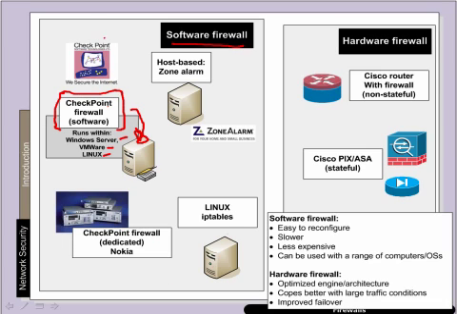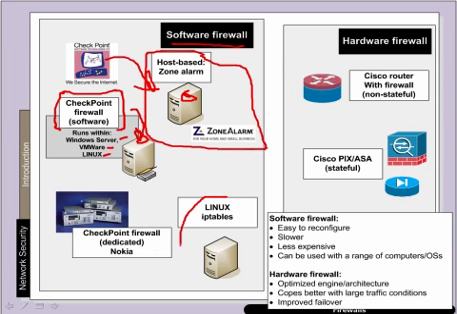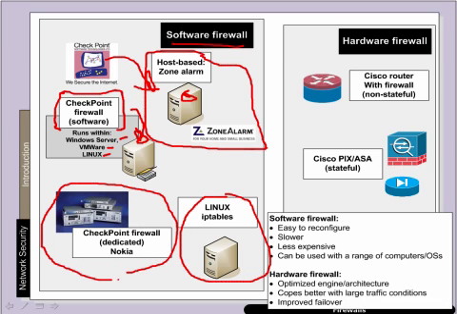Checkpoint is a good example of this type of software. We can also get a host-based one, and for this, Zone Alarm, which is also owned by Checkpoint, is a good example of a host-based firewall which runs on client hosts. We can have a Linux software firewall, and also we can get Checkpoint firewalls which have dedicated hardware, such as the Nokia firewall.